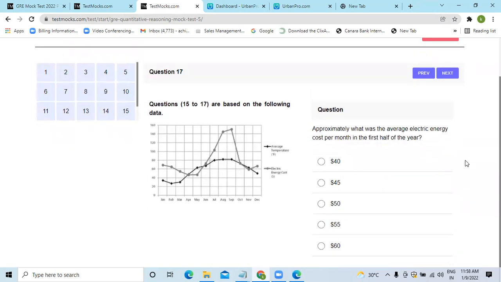Okay, what was the average electricity energy cost per month in the first half of the year?